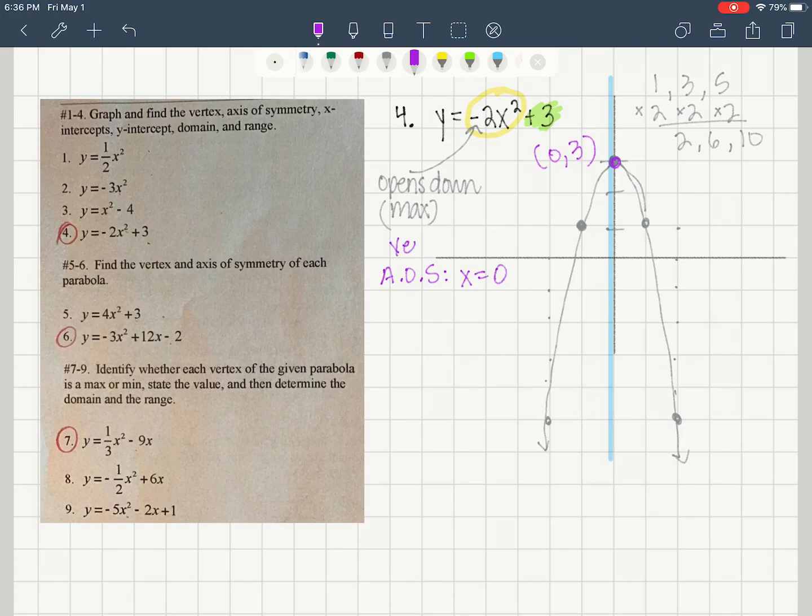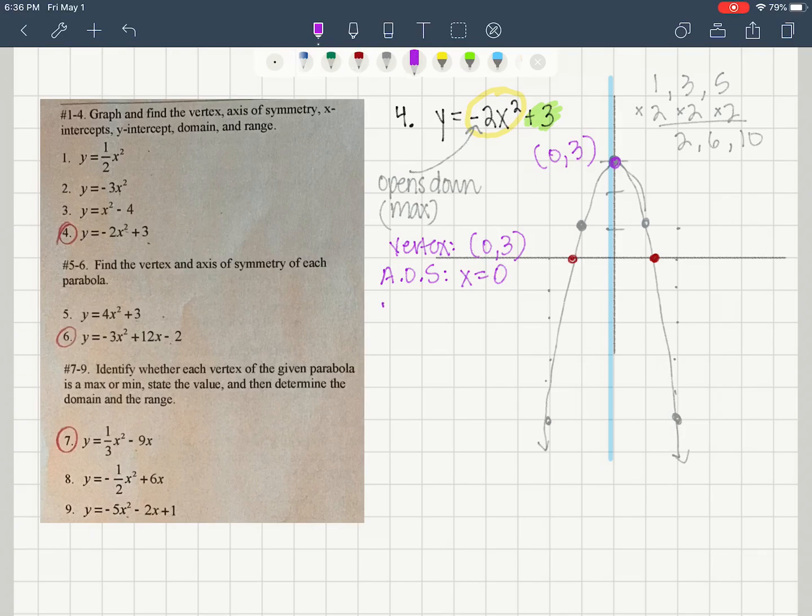The vertex, I'll write that too right here above, is 0, 3. The x-intercepts are going to be a little tough because they're not exact lattice points. Those are negative 1 point something and positive 1 point something. So we're going to have to do a little bit of work there.